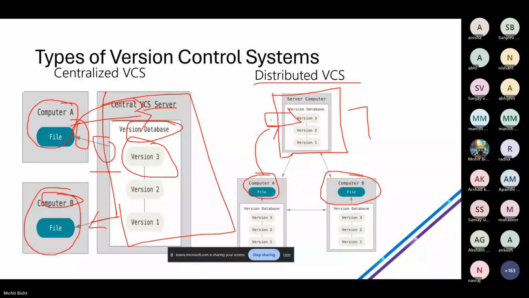Computer A gets a copy of that code, and if computer B wants it, computer B also gets a copy. So both get a copy of the files, or you can say a repository in your GitHub. And if you make any changes to that copy, then you can directly push to the distributed computer system, where all the files and all the versions you have are saved, right?